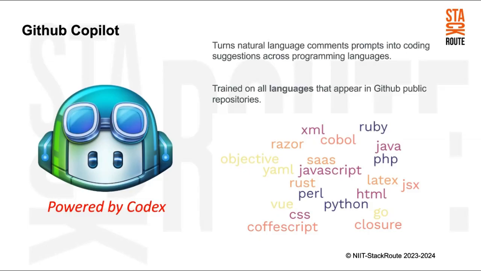Codex has been trained on both natural language and billions of lines of open source code, and it is trained on languages that appear in all the GitHub public repositories. You name it: Python, Java, JavaScript, CoffeeScript, Clojure, CSS, COBOL, Ruby, and so on.